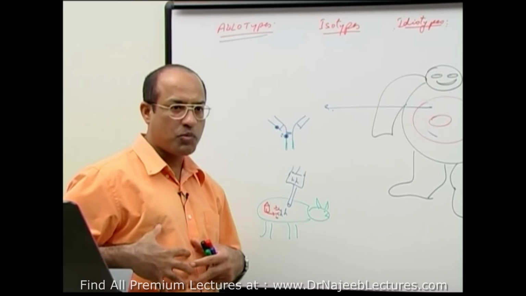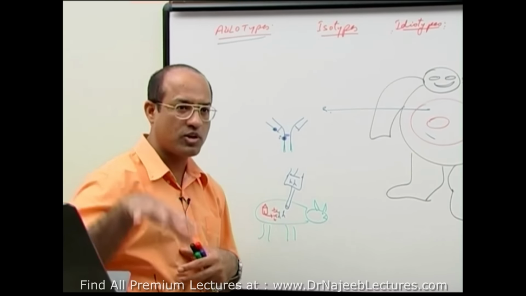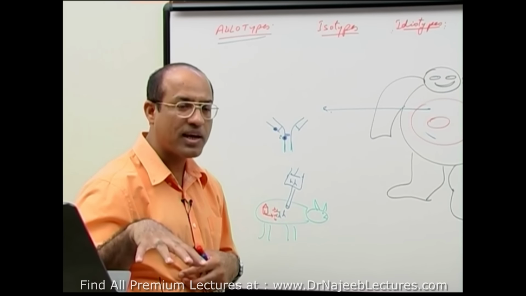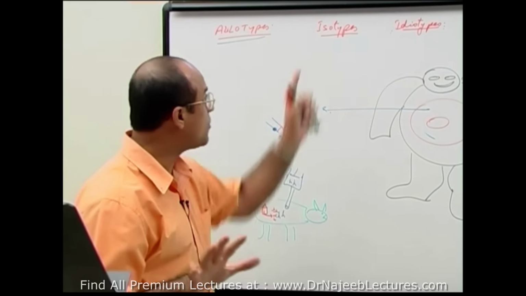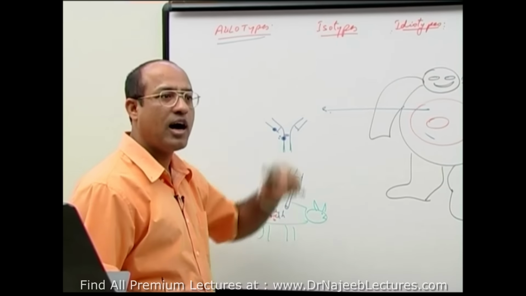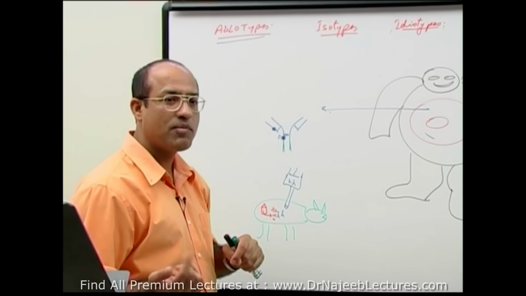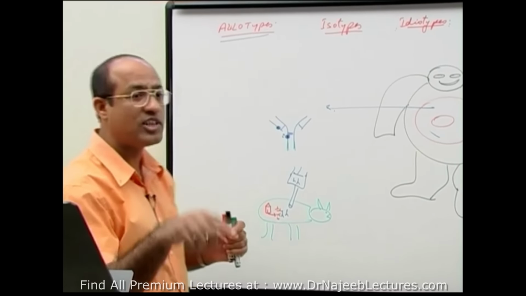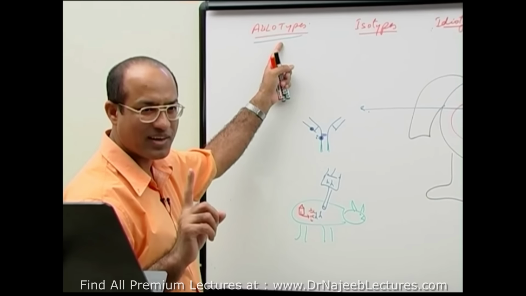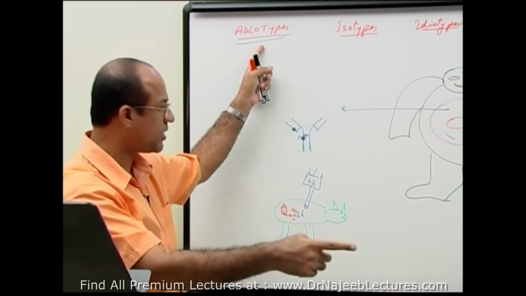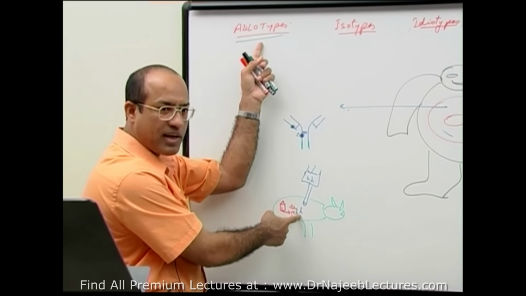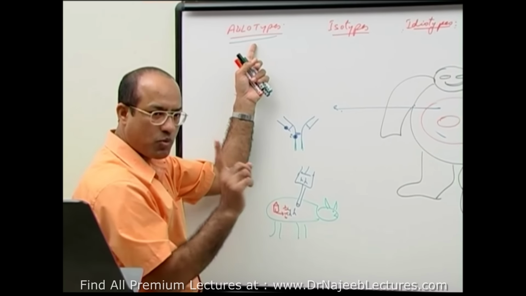When you put my antibodies into a donkey, how many types of anti-isotype antibodies will it make? 5. But how many types of anti-allotype will the donkey make? 1. I have only one allotype. So if you inject my antibodies into a donkey, it will make how many anti-allotypes? 1.